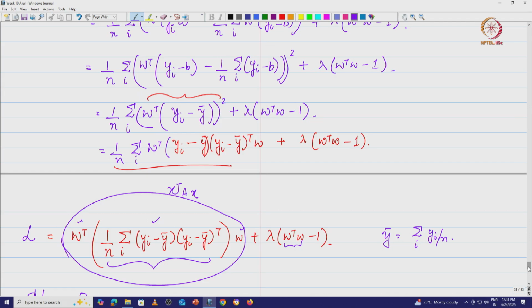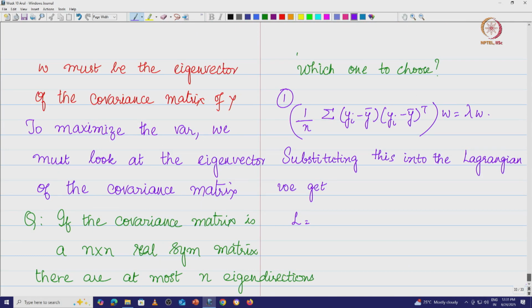Let us do the Lagrangian again. We get L is equal to W transpose into 1 by n sigma (yi minus y bar) into (yi minus y bar) the whole transpose into W, this is what we had, plus lambda into (W transpose W minus 1), this is what we had.